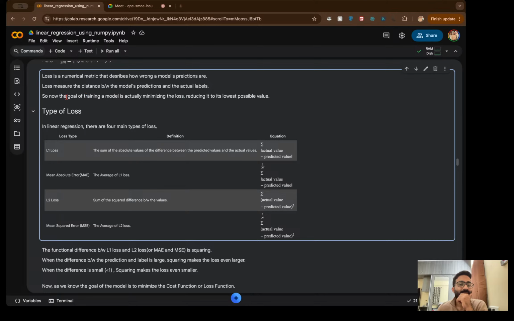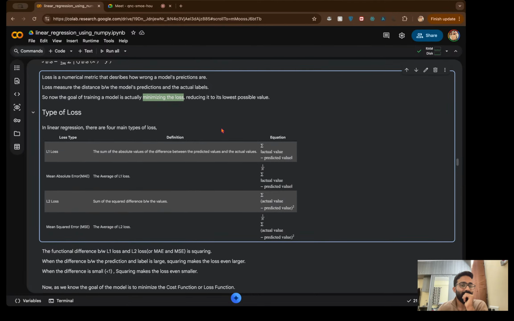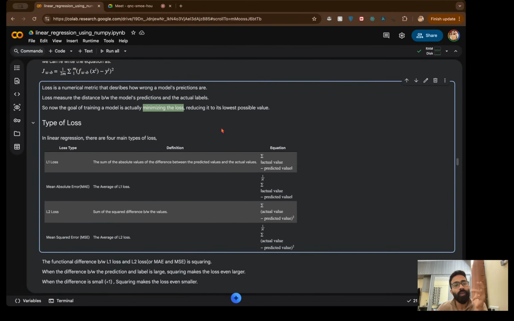Now, the goal of training a model is actually minimizing the loss and reducing it to the lowest possible value, correct? This is our goal now, to minimize the loss. We'll keep finding the values of w and b until we get the lowest possible loss.